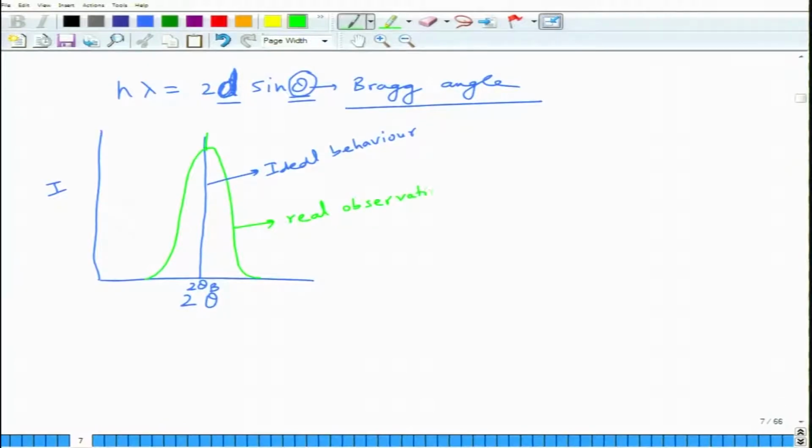What this tells you is that within these two bounds of 2 theta 1 and 2 theta 2, you have a peak which shows a maximum at around 2 theta b, and this peak has a certain width, called delta theta or b, the broadening.